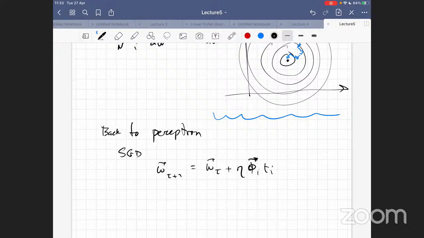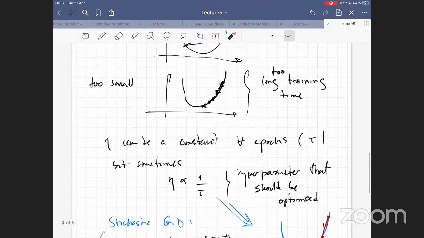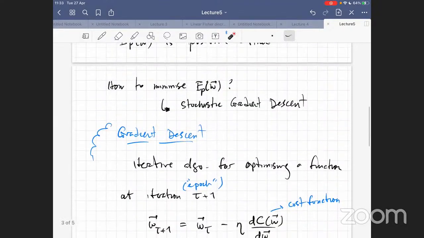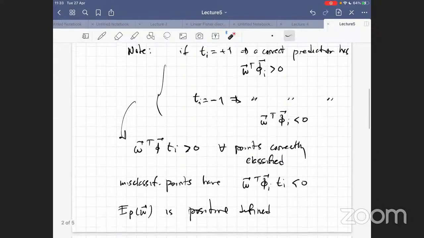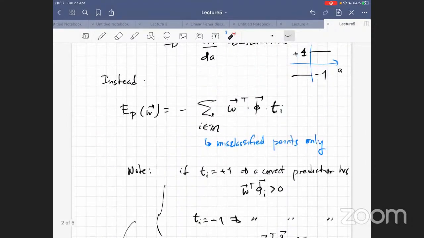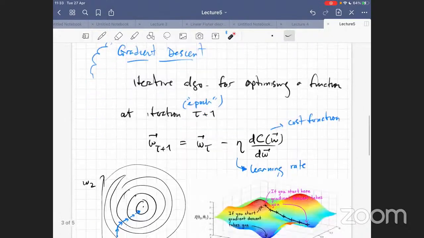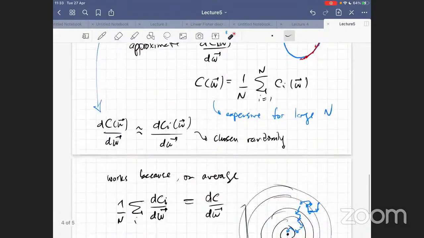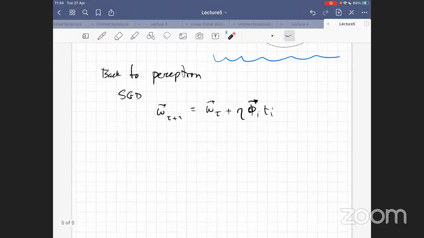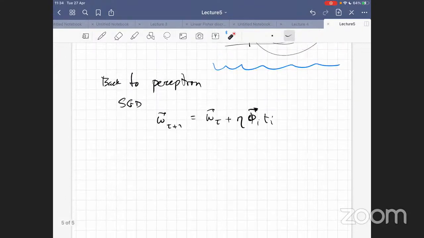Why this? Because you see, this is the derivative of my cost function. Where is the cost function? Cost function is here. So I differentiate with respect to W, and this is what I get. Okay. Then I can just do the following trick.